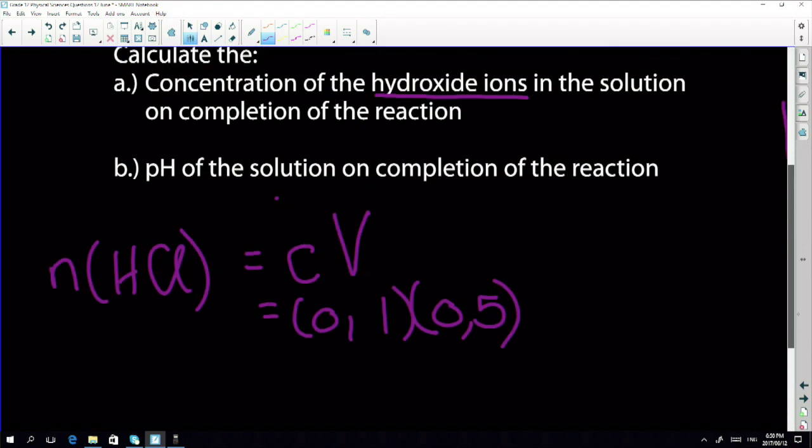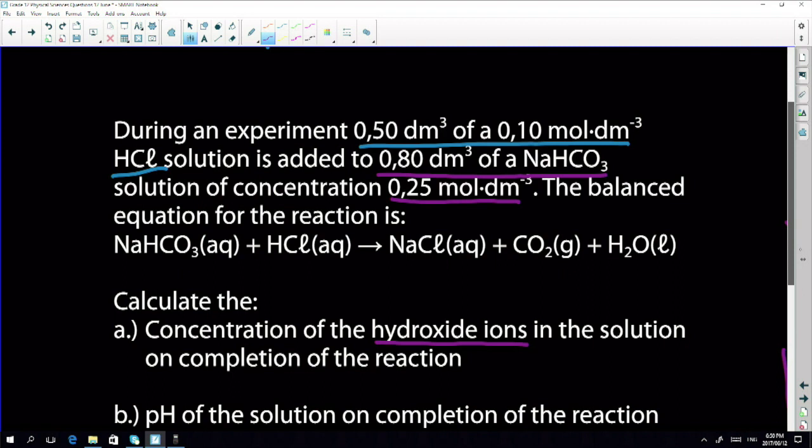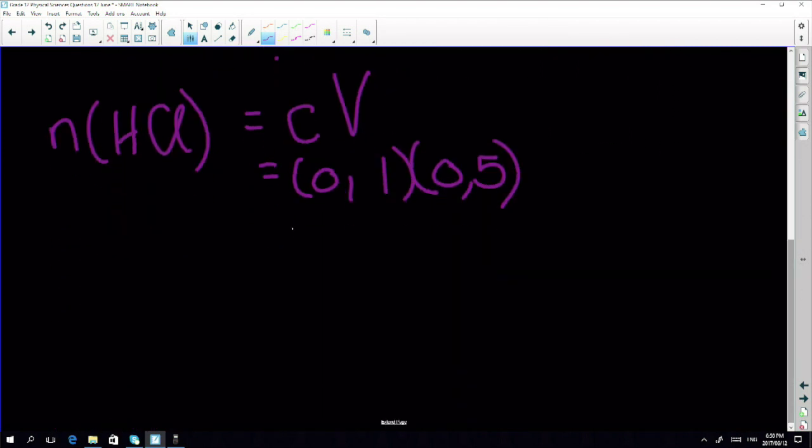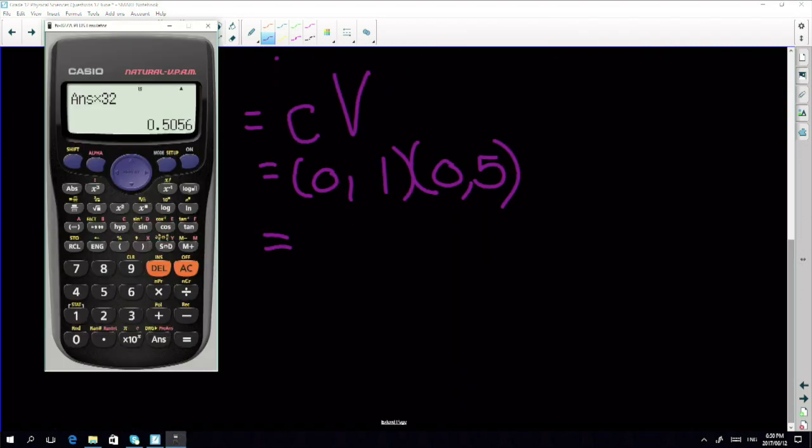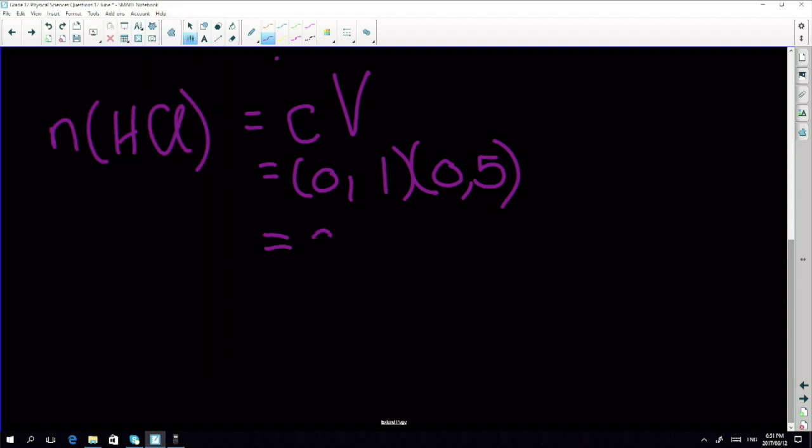Okay, let's just check. There we go. So we've got 0.05 moles of HCl, not a problem.